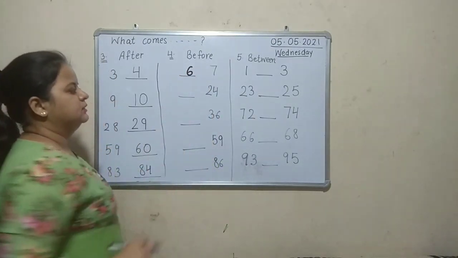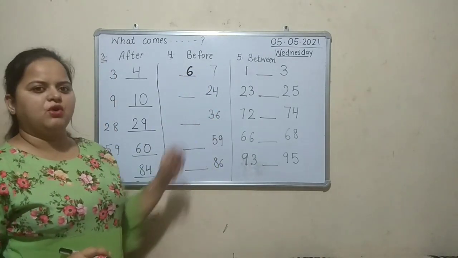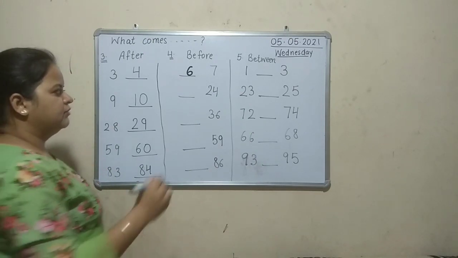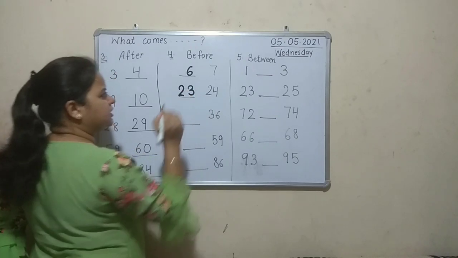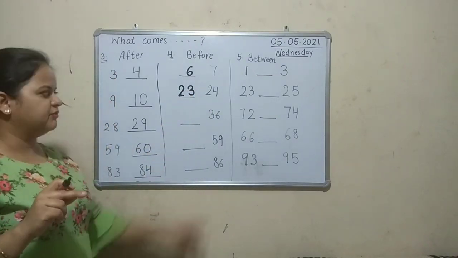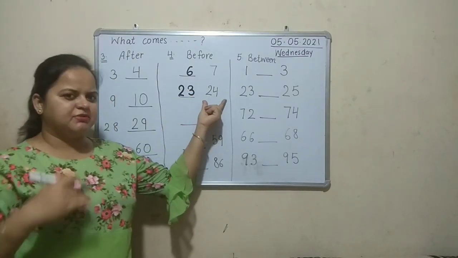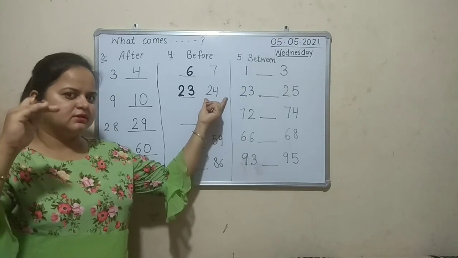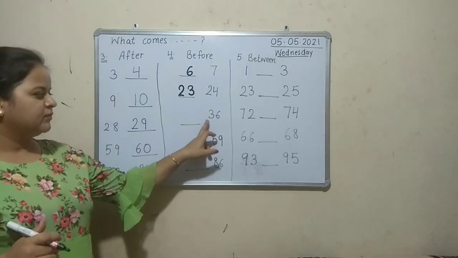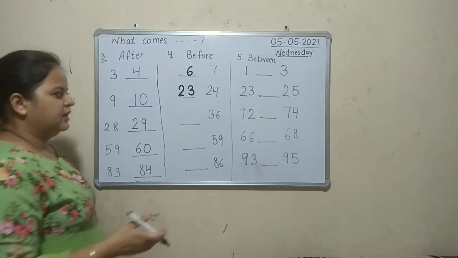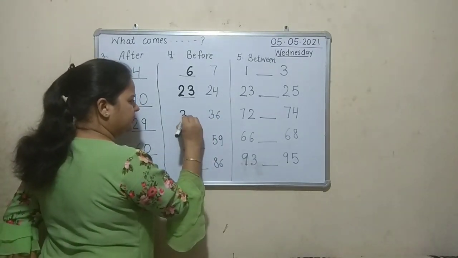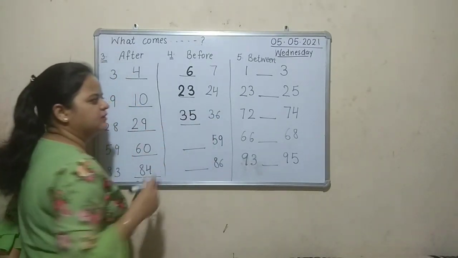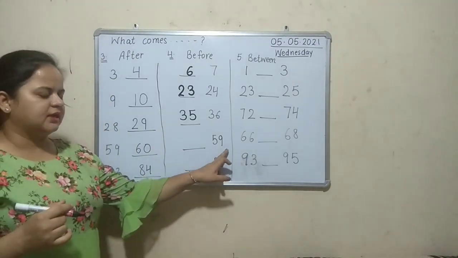6. The next is 24. 24. And before number of 24 is 23. What comes before 24? Just before 24, 23. Okay, 36. And what comes before 36? 35. Good. 59.